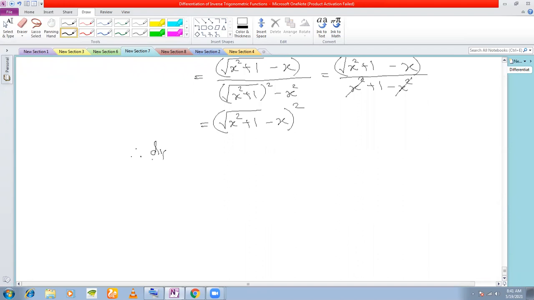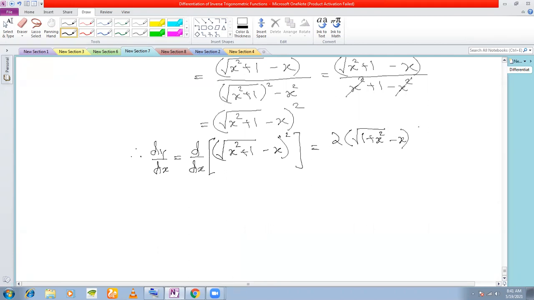How do you differentiate? Therefore, dy dx is equal to ddx of square root x square plus 1 minus x square. First, you differentiate the power to get twice root 1 plus x square minus x to the power of 2 minus 1, obviously, into the ddx of root x square plus 1 minus x.